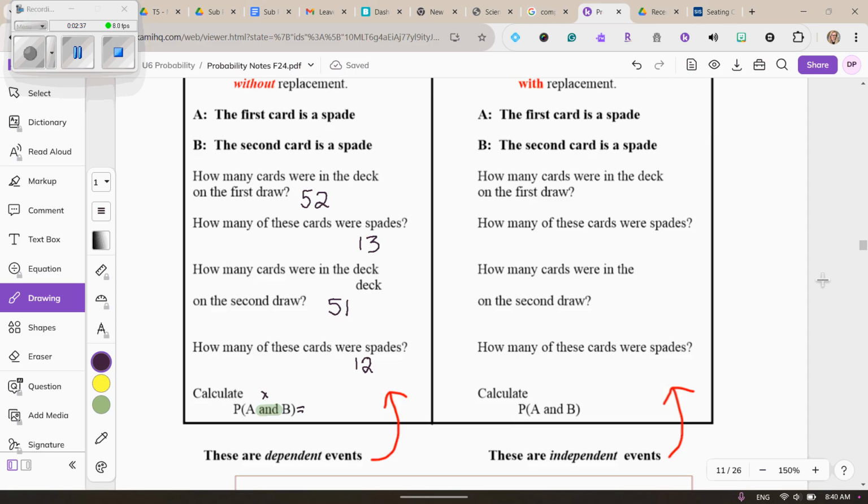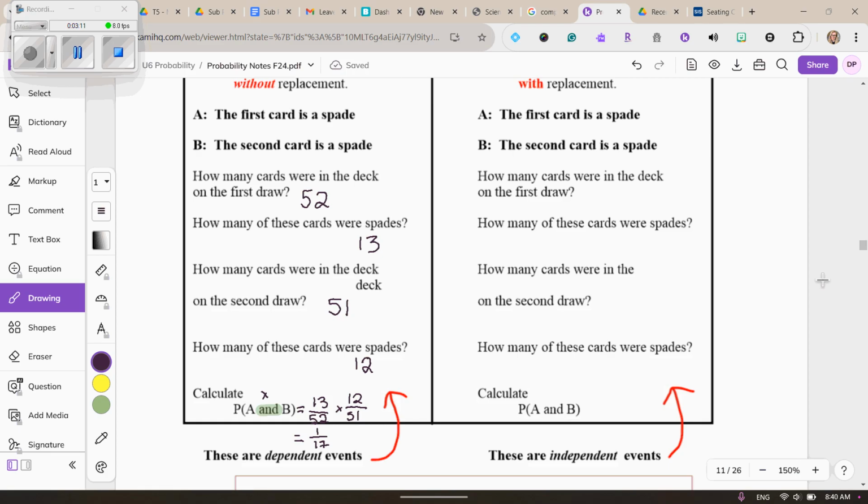So I am going to take the probability of A, the probability of drawing my first spade, which is 13 out of 52, and multiply it by the probability of B. But now my probability of B is 12 out of 51 because I have taken a card out of the deck. I would type that in on my calculator and I would get the answer of 1 over 17. So I have a 1 in 17 chance of getting two spades.